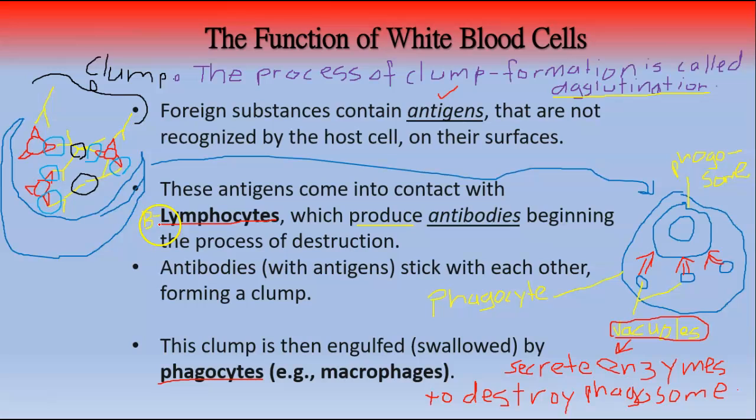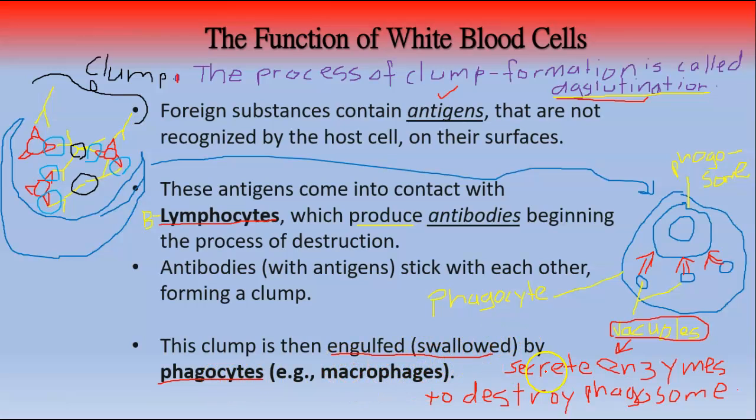So the lymphocytes produce the antibodies that bind antigens. The antigens clump together in a process called agglutination, and the clump is then engulfed or swallowed by the phagocytes, for example macrophages.